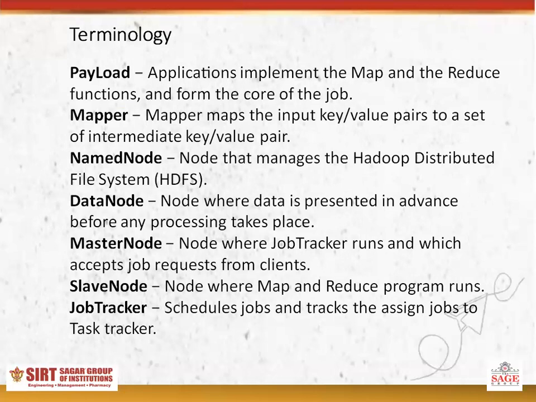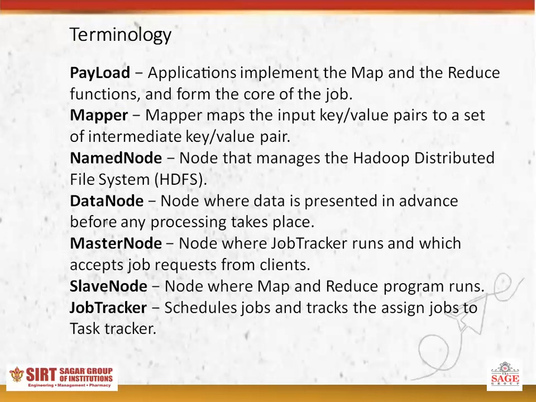Next, mapper. The mapper maps the input key-value pairs to a set of intermediate key-value pairs. Name node. The name node manages the Hadoop distributed file system. Data node, where data is present in advance before any processing takes place. Next, master node.